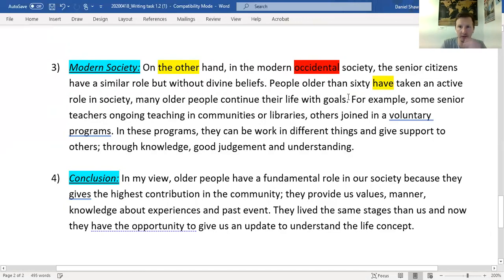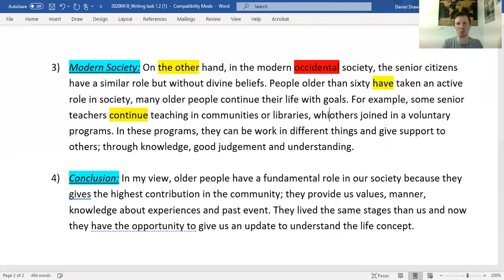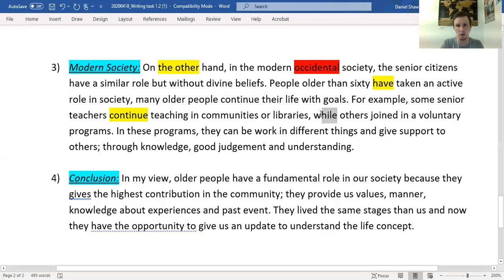Okay, so let's focus on this sentence because we have a few small errors. So for example, some senior teachers ongoing. So I think this word should be continue. So let's just save that. Or libraries. And we need to show contrast, while others. So we use the word while others join in voluntary programs.